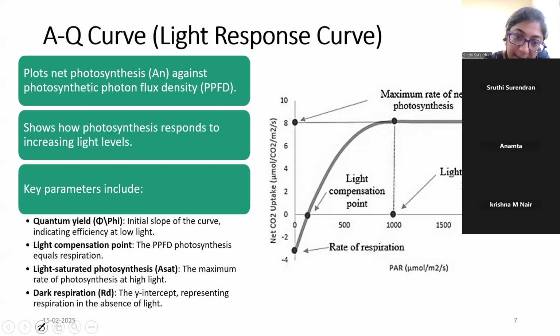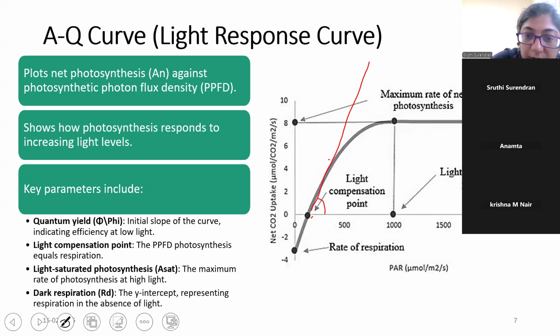If you draw a line from this point and extend it like this, the slope of this straight line, which depicts how this linear portion of the curve is going, is the quantum yield.